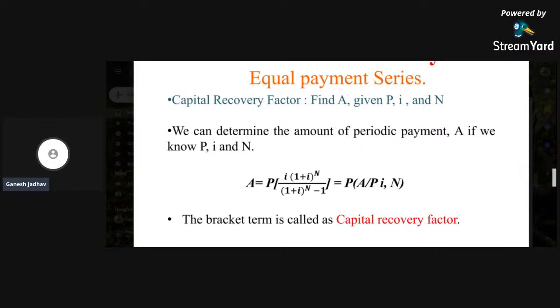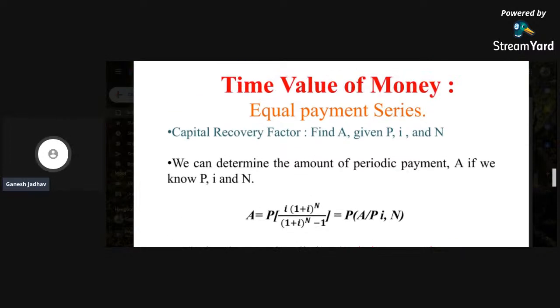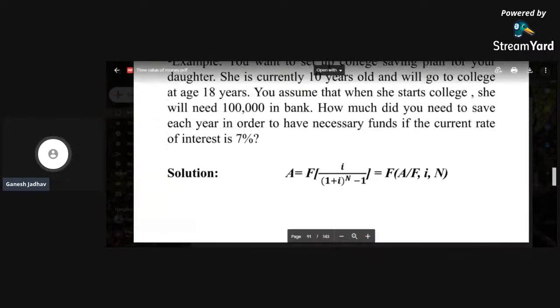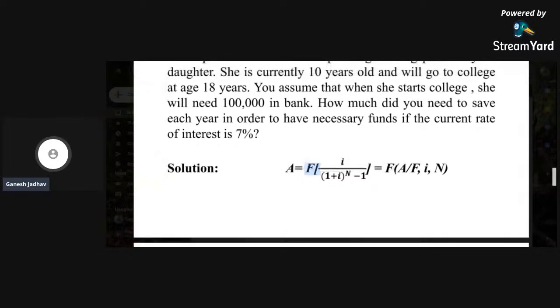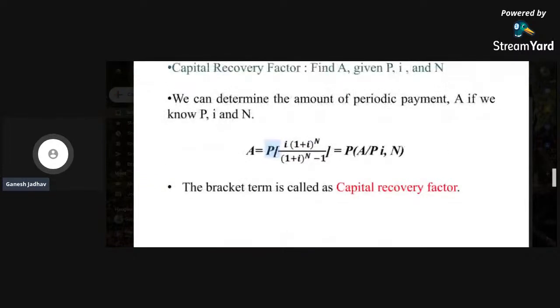A is equal to P, this is the primary amount, whereas here is the future value. So A is equal to P times i in bracket 1 plus i raised to n, divided by 1 plus i raised to n minus 1.